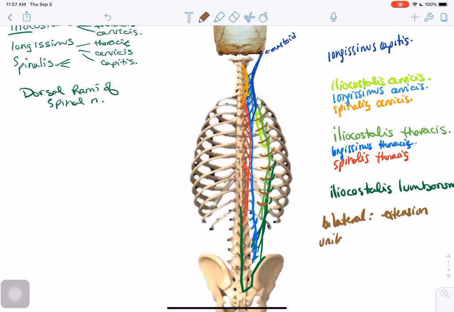Unilateral contraction gives you lateral flexion of the vertebral column, so side bend. And for the mastoid process, the longissimus capitis can also rotate the head ipsilaterally.